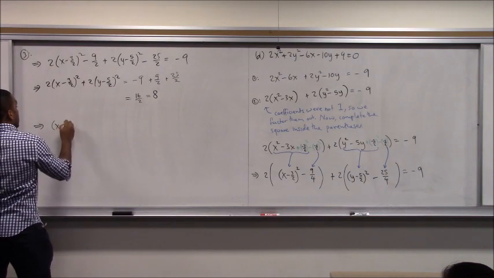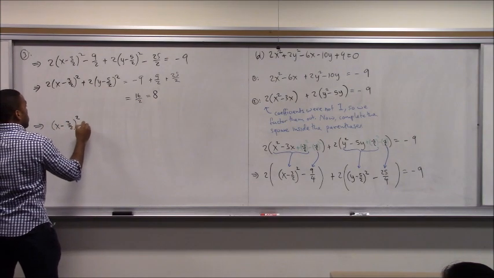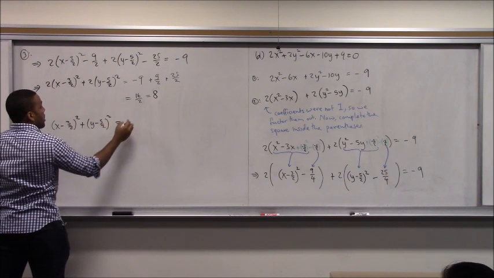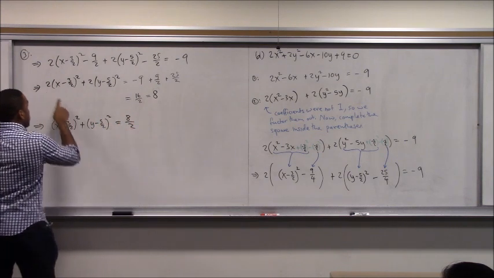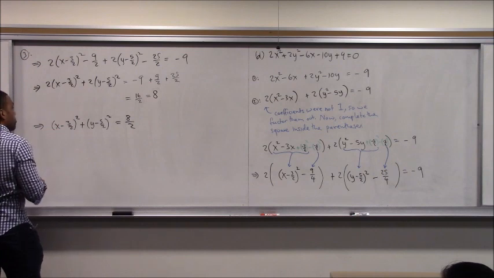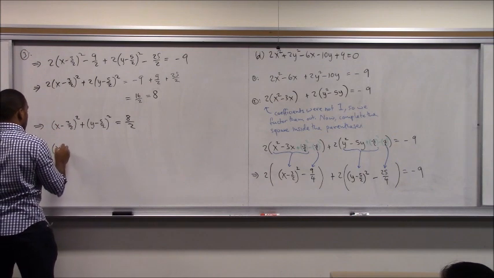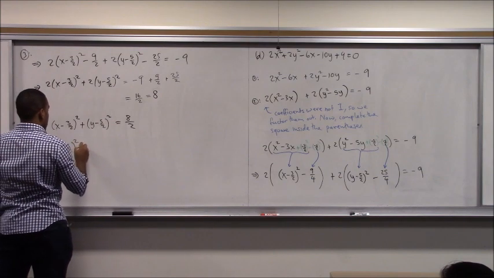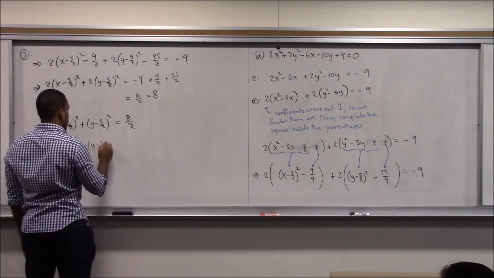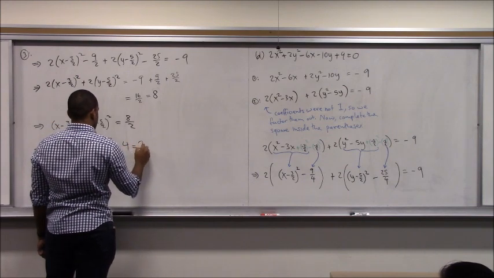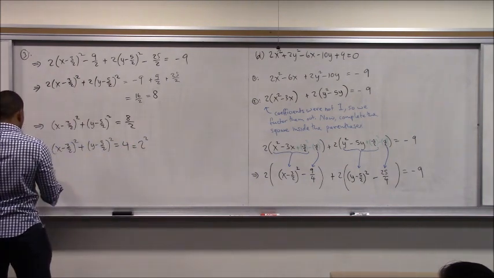So now I have x minus 3 over 2 squared plus y minus 5 over 2 squared equals 8 over 2, because I just divide by these 2's here. So what is the center?